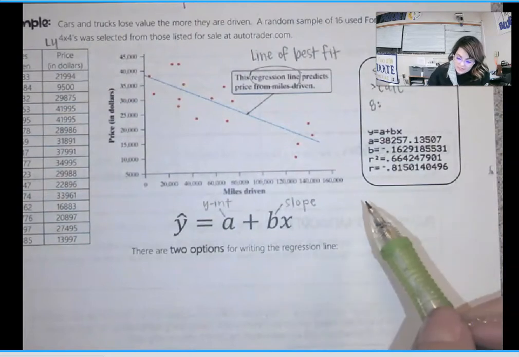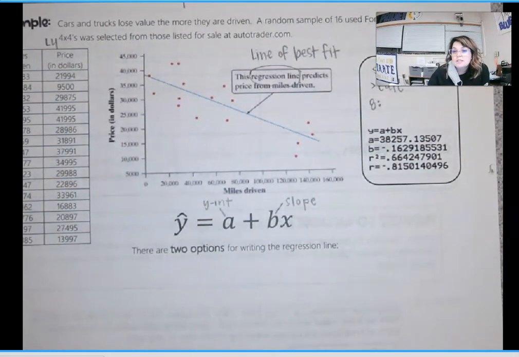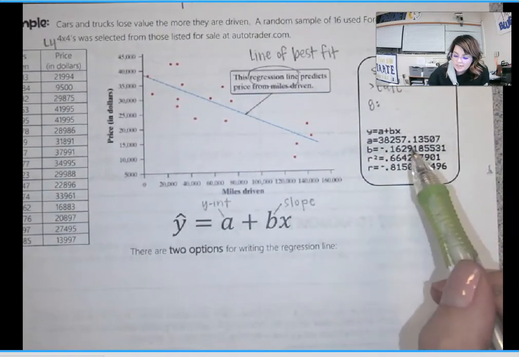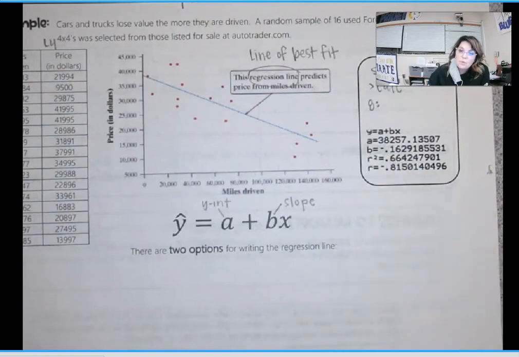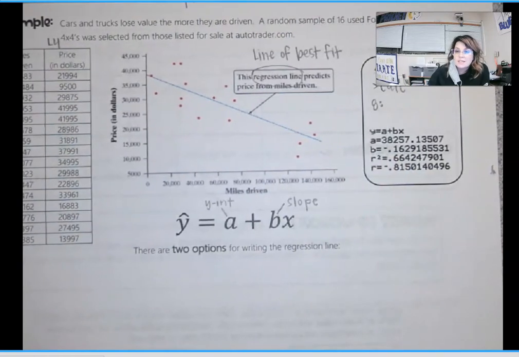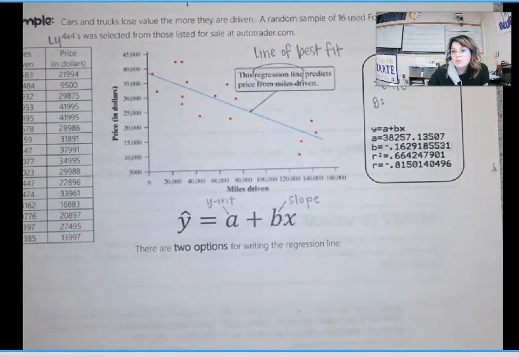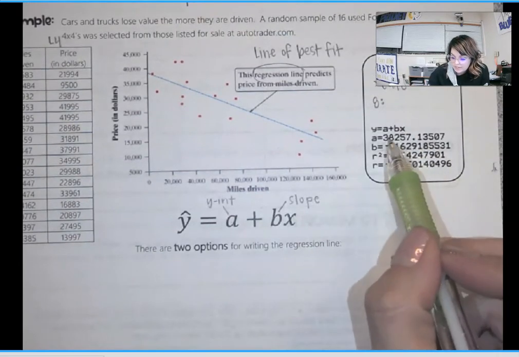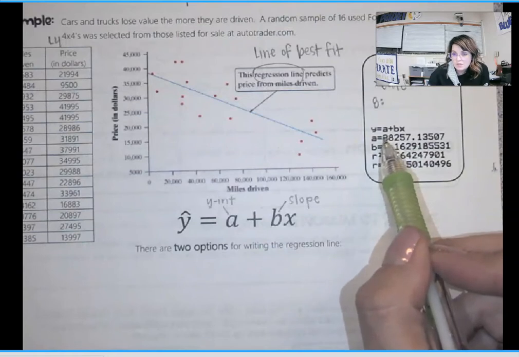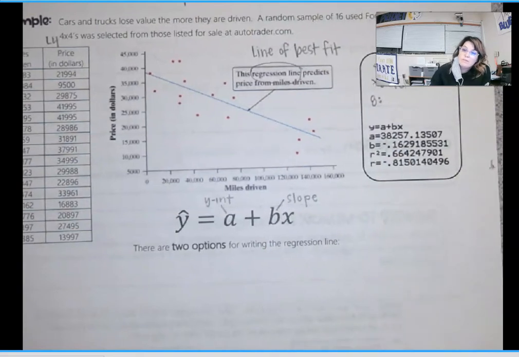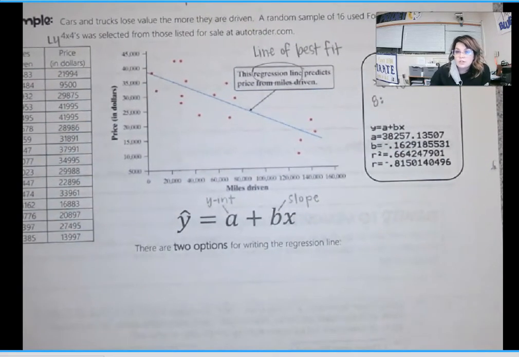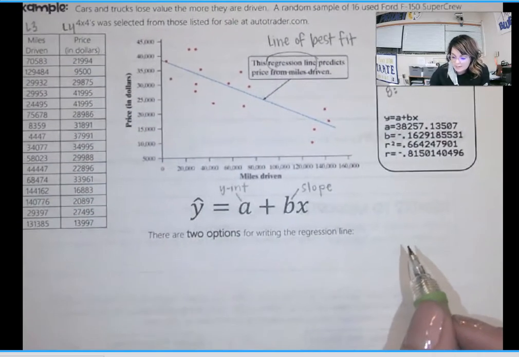What our regression line is telling us, and we'll get to the details of this in the next lesson, is that for every mile we drive, we lose 16 cents off the value of our car. In this case, it's money. This is $38,000. This is $0.16, which is 16 cents. So every time we drive a mile, on average, our truck decreases in value by 16 cents.